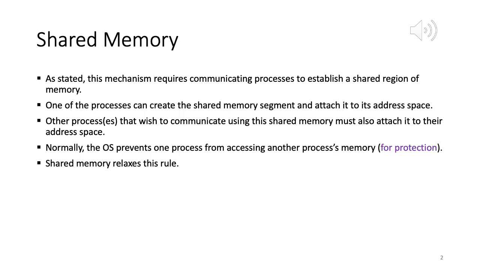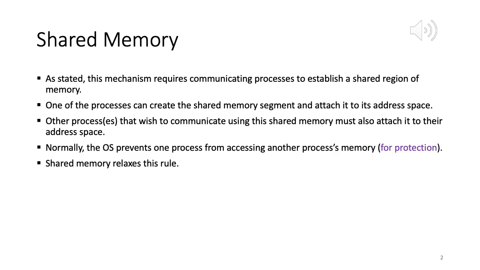Otherwise, we could have a virus process or a genuine process that wants to create some trouble, and it could access some other process and write whatever it wants in it. Clearly that is not desirable. We need the protection. If a process tries to access the address space of another process, the hardware will not allow that memory access. It will stop it right there. In the chapter on memory management, we'll see how exactly this is implemented.